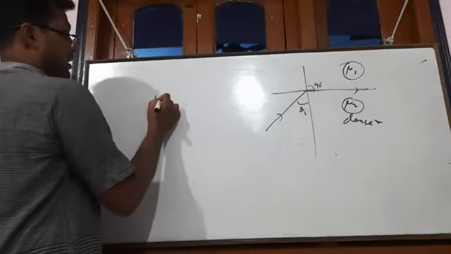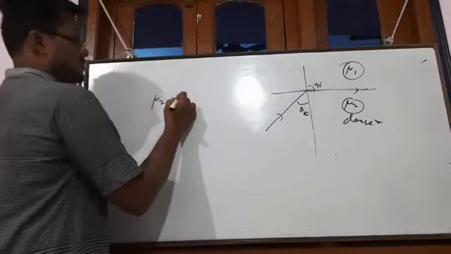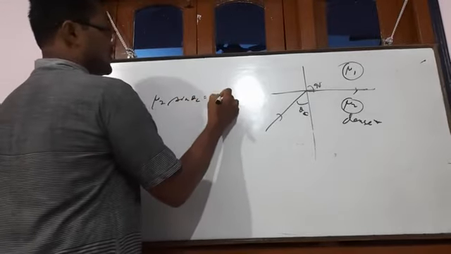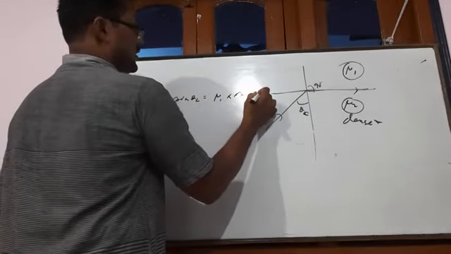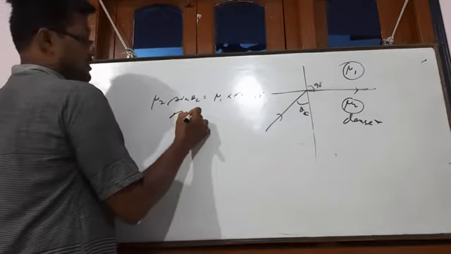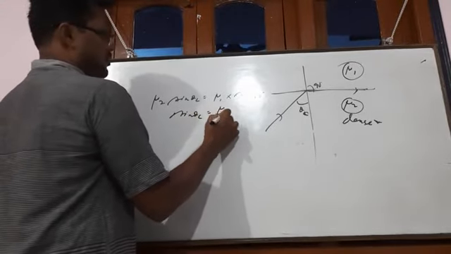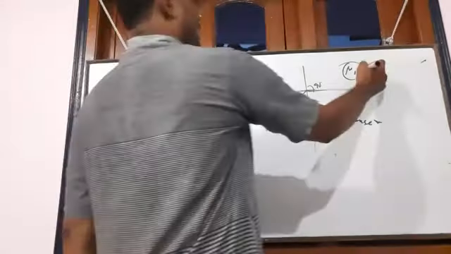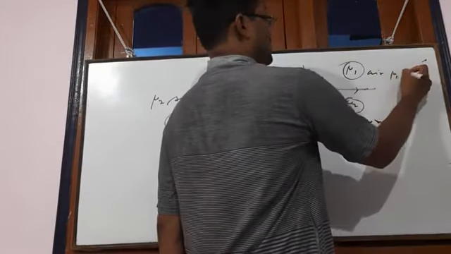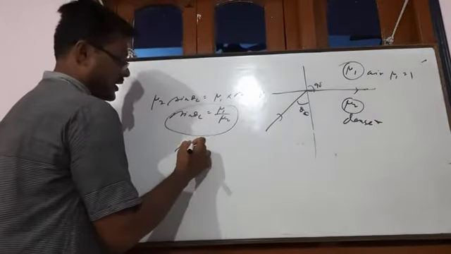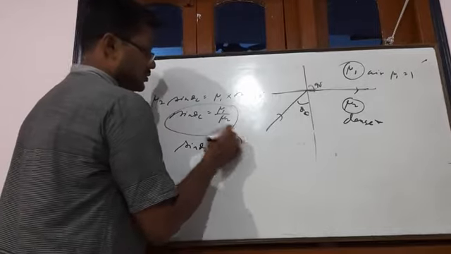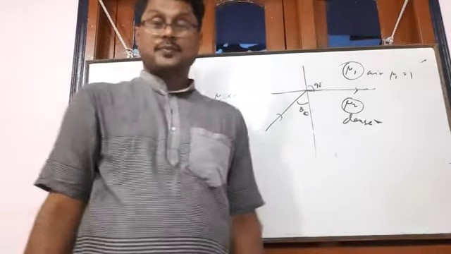Now we get mu2 into sin theta c equals mu1 into sin 90 degrees. So sin theta c equals mu1 by mu2. If this is an air medium, then mu1 equals 1. So sin theta c equals 1 by mu, if it is an air medium.